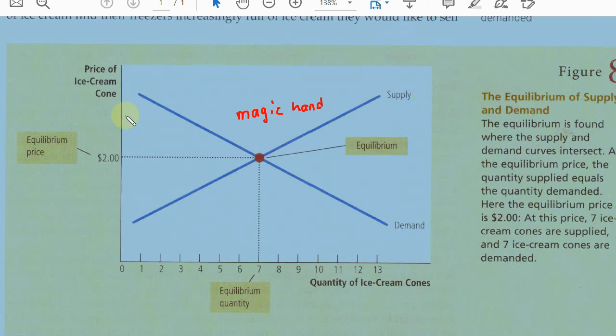The key factor for these two to meet together is none other than the price. But sometimes this magical regulation fails when there is market failure.